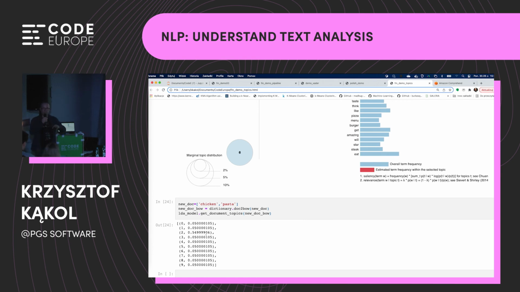And then, to detect the topic, I'm creating a new document. So this is a new review, and I want to assign it to a given topic. So I'm creating a new document, which is a list of tokens.